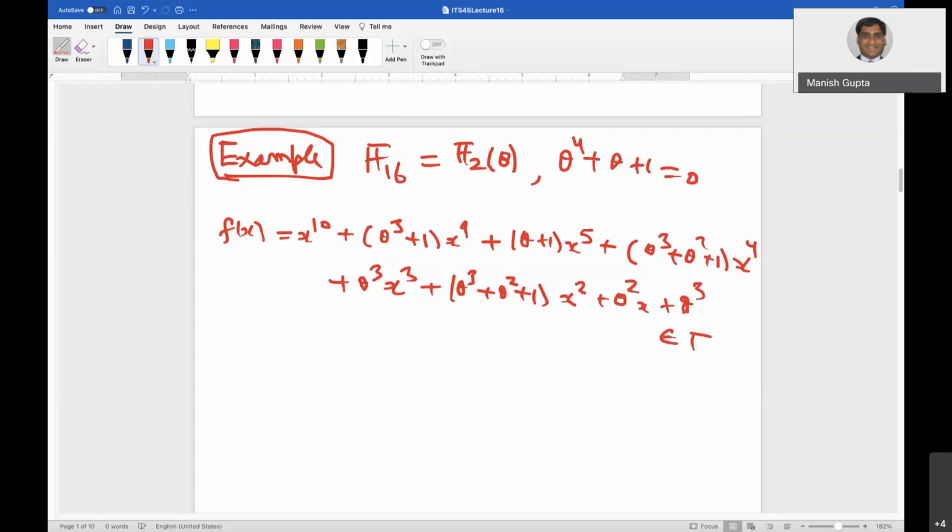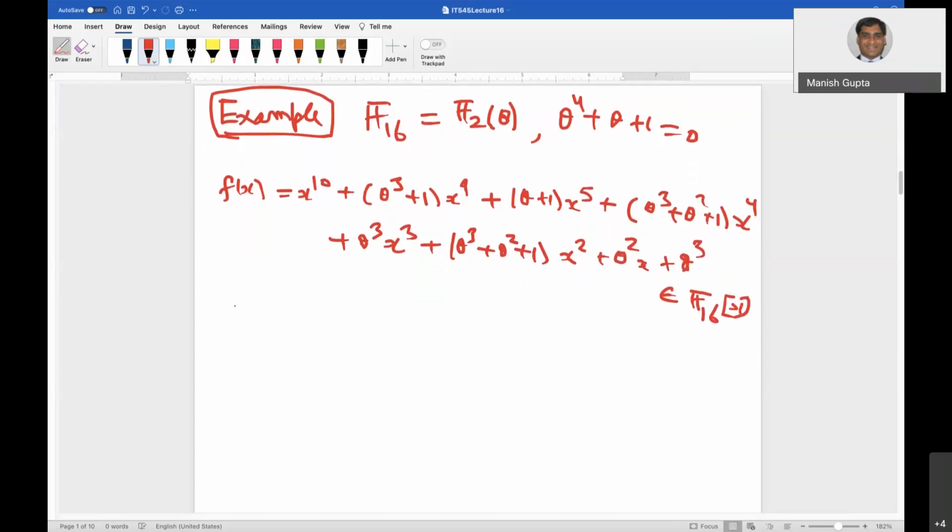This belongs to F16[x], a polynomial of degree 16. So we compute h(x), which is x raised to power 16 plus x modulo f(x). So this turns out to be the whole polynomial modulo f(x), right?